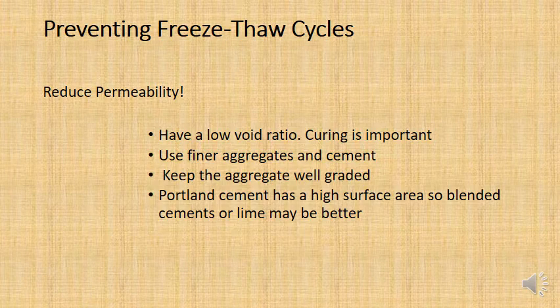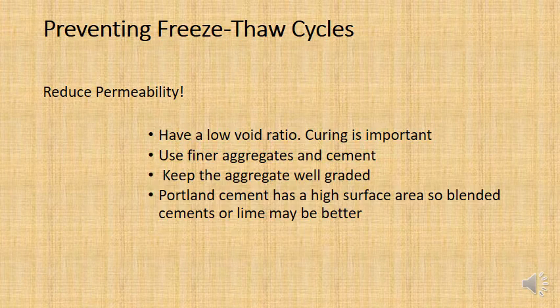Both of those have a slower reaction rate, and that means that water sits there longer and it slowly reacts. And basically, excess water evaporates faster because it's got a higher heat of hydration, and then the water that is needed for the cement reacts quickly.